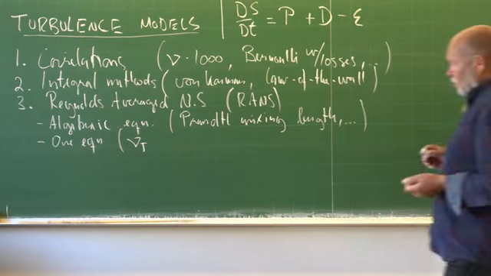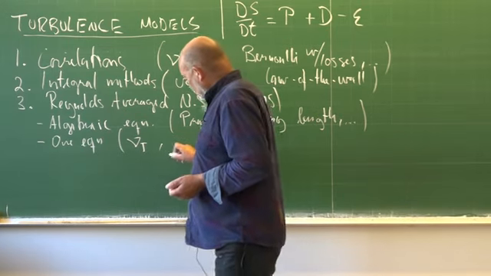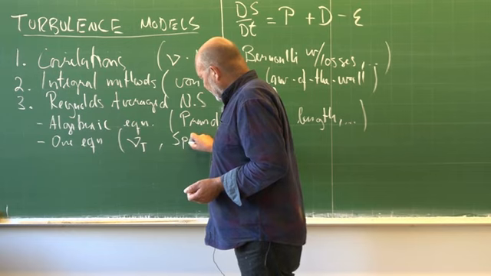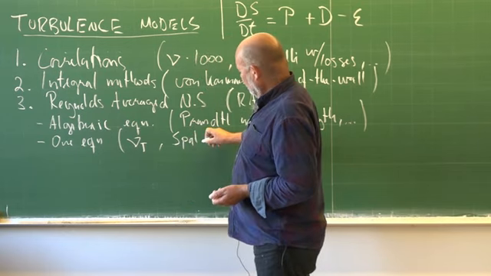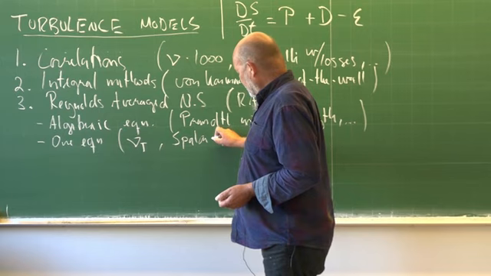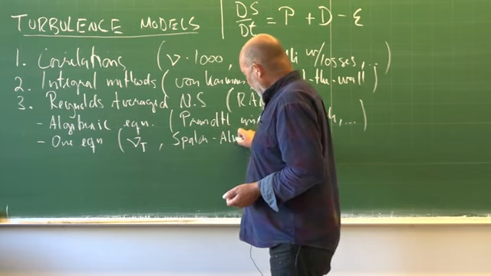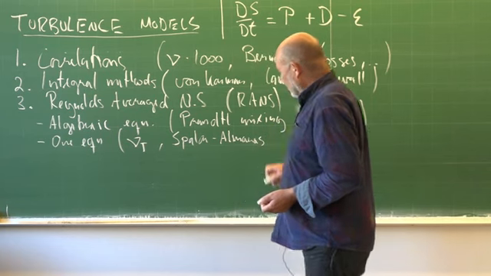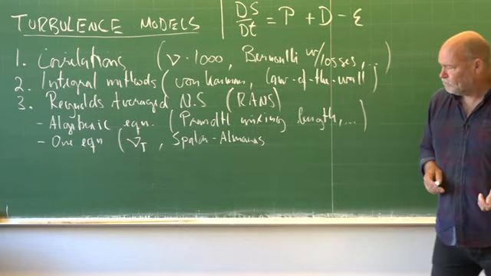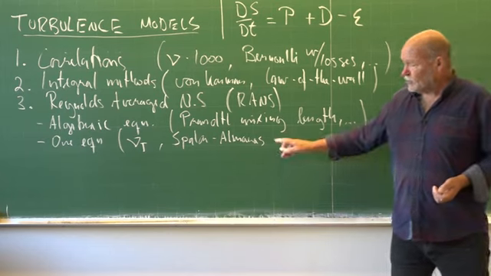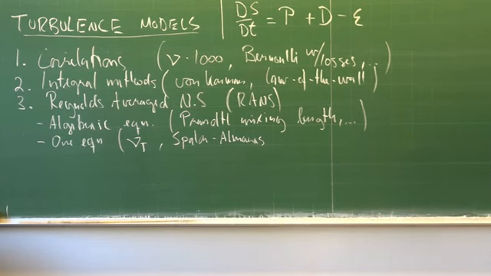And one famous one that you have to know is called Spalart-Allmaras, I think it was. That's a one equation model. That one is quite good actually when it comes to external flow around airfoils. Not so stupid.